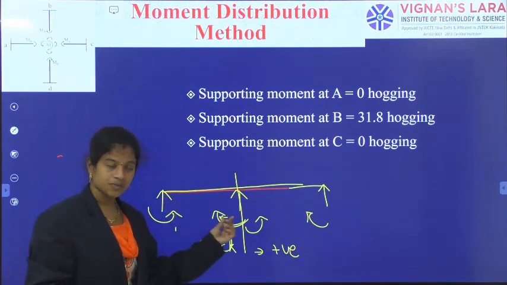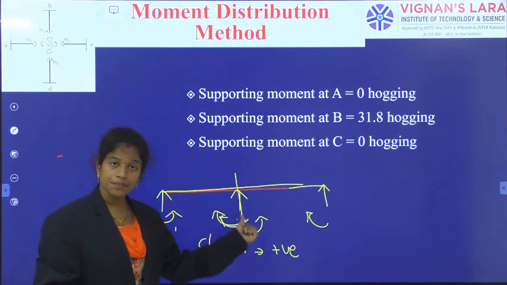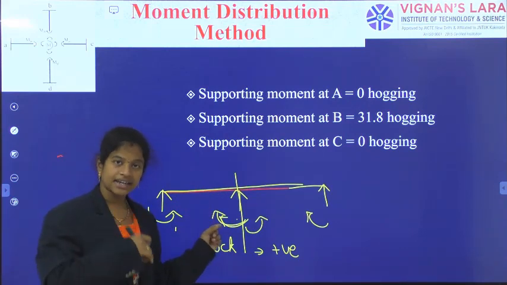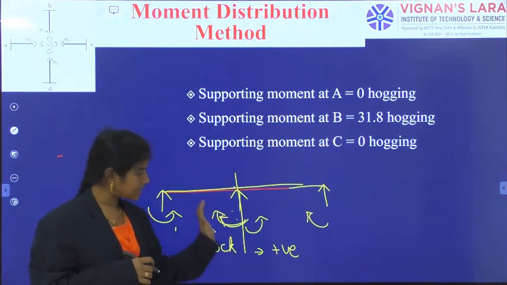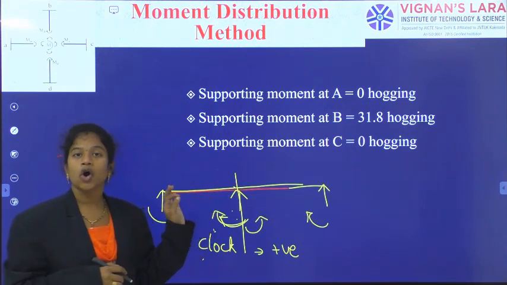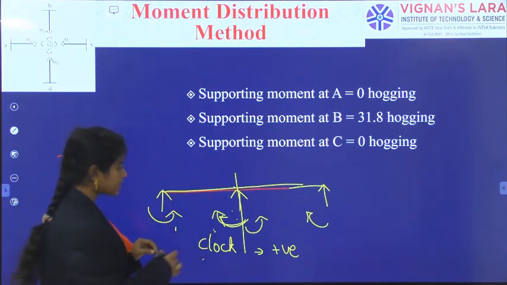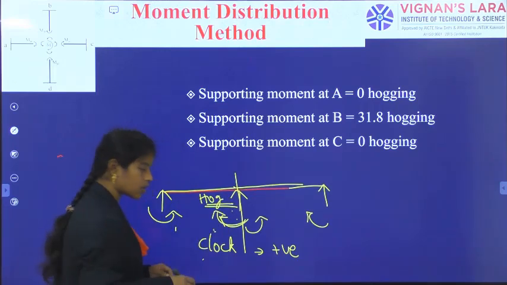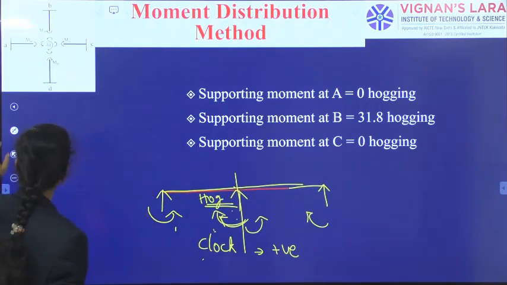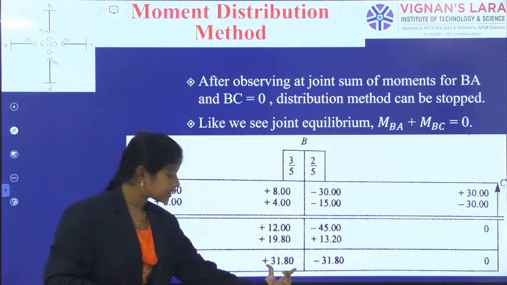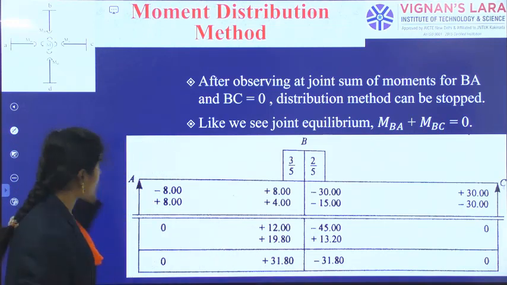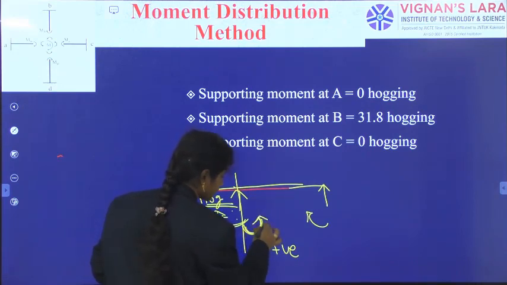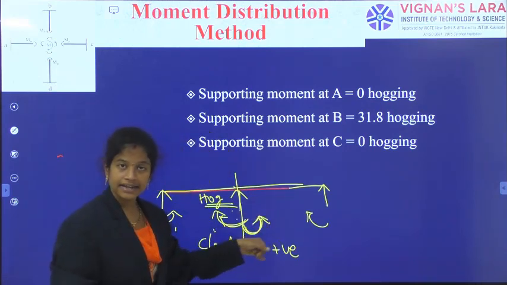So, in the first span, right end, having positive means at that end it is clockwise. But generally, at the support, when it is like this, it will cause hogging moment only. With the as it is quantity, the answer is hogging. So, 31.8 hogging.